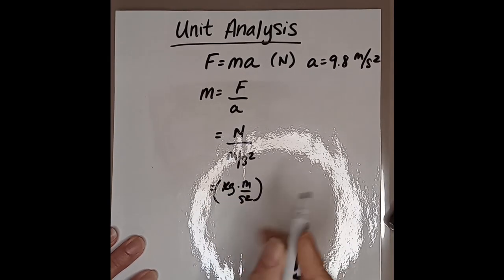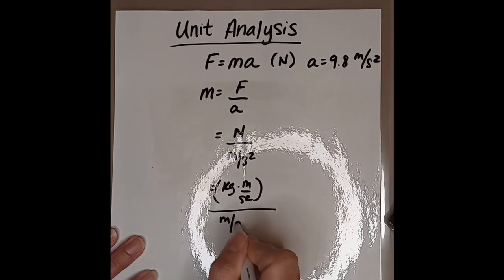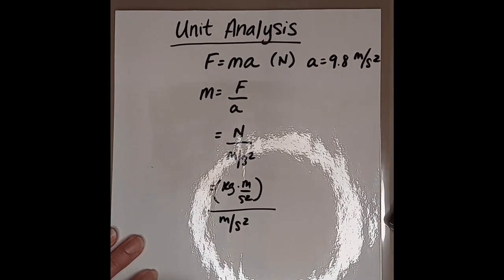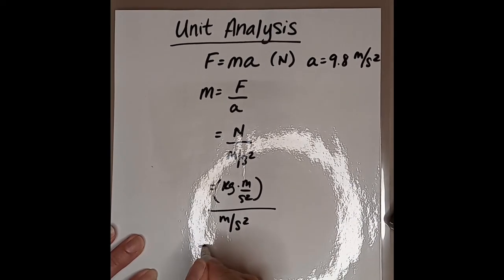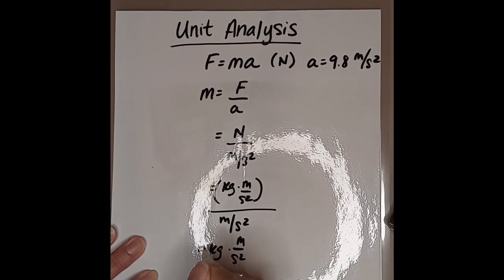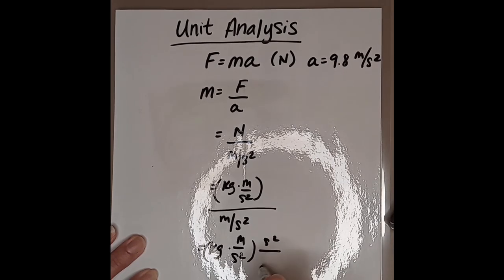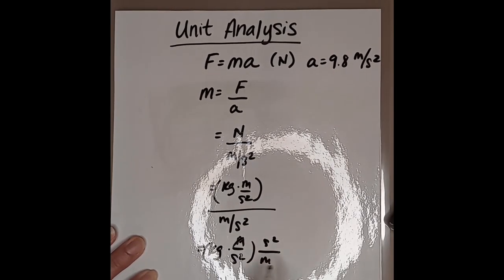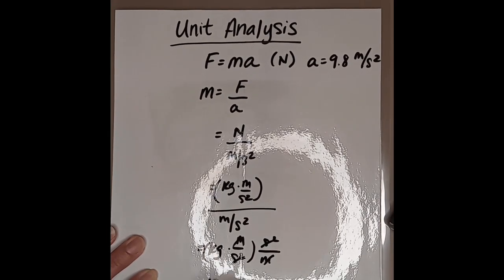That's a newton. And then we're going to divide that by our acceleration. And when you do all this, you can do the whole thing out. Dividing by that means we're going to multiply by the inverse, and our unit is kilogram.